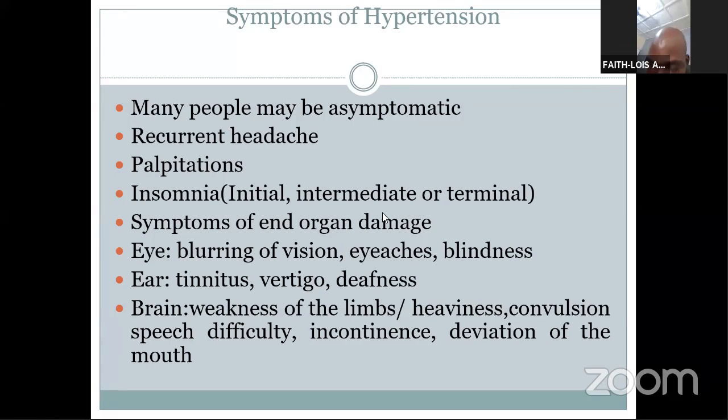Okay. So other symptoms of hypertension: it could also affect the heart, and when it does, the individual presents with easy fatigability. The person could also have tiredness and difficulty with breathing, either with little exertion or without exertion. It could affect the genitals, leading to erectile dysfunction, the inability to have a satisfactory erection.